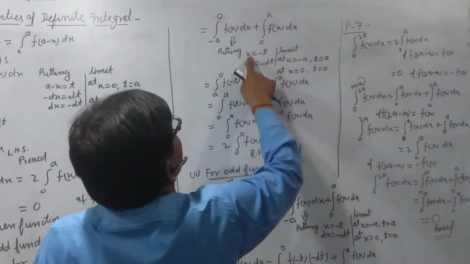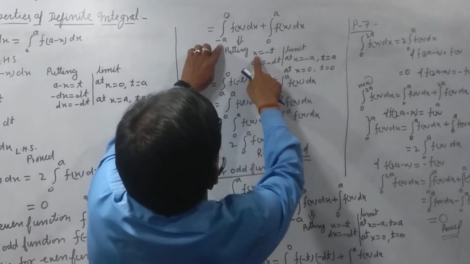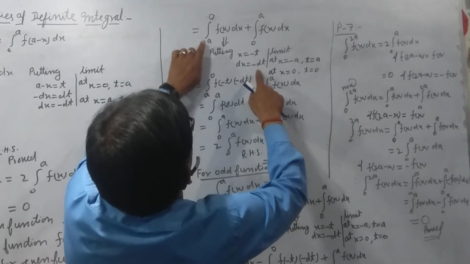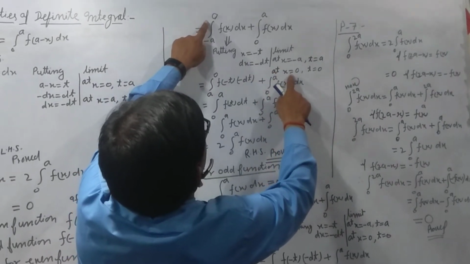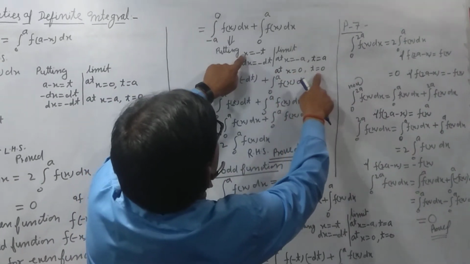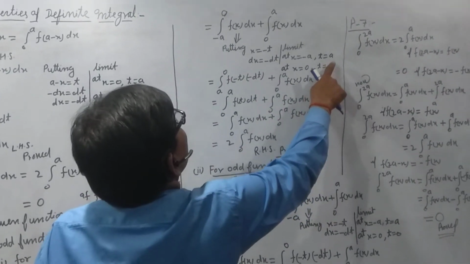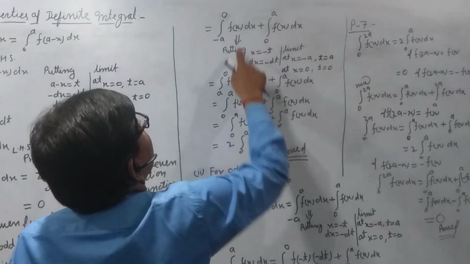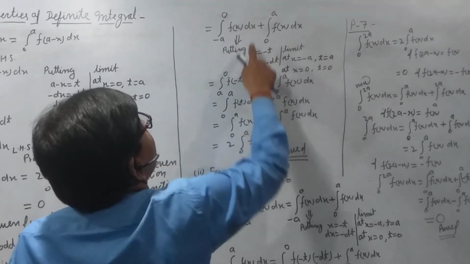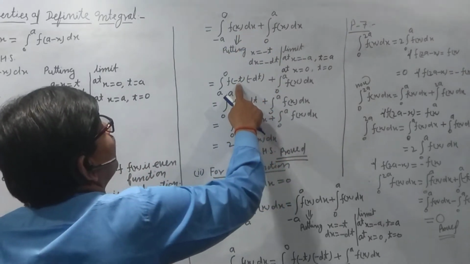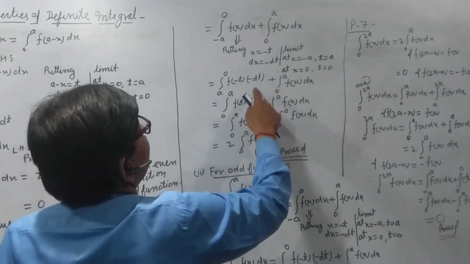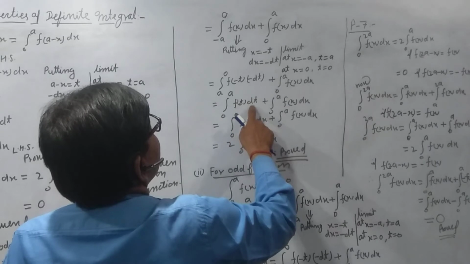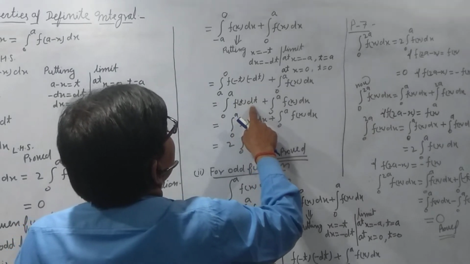The limits: at x equal to minus a, t is equal to a, and at x equal to 0, t is equal to 0, so the limits will be a to 0, with f(minus t) and dx equal to minus dt, plus the integral from 0 to a of f(t) dt.